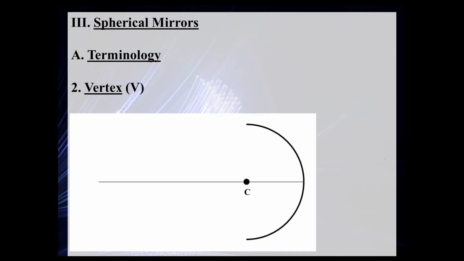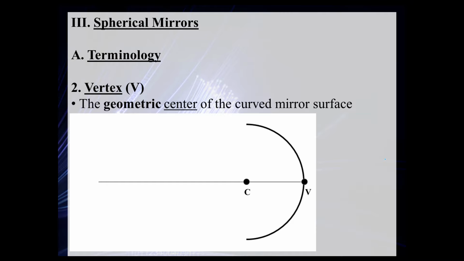The vertex, which we'll use a capital V to represent, is what we call the geometric center of the curved mirror surface. The geometric center just means, if we look at the curved mirror surface, represented by this blue curve, the center of that would be the geometric center, and that would be the vertex.